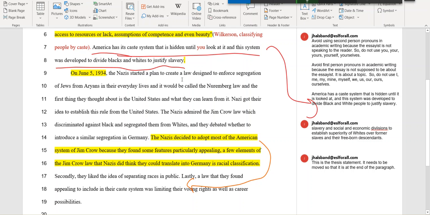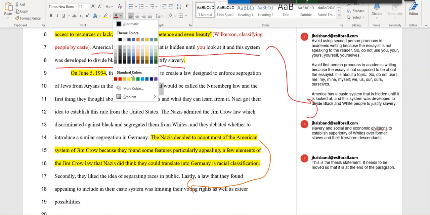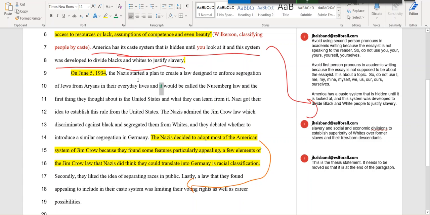about the Nazi plan. On June 5th, 1934, the Nazis started a plan to create a law designed to enforce segregation of Jews from Aryans in their everyday lives. And I'm just going to change this to this, because this is just an editing thing. And this would be called the Nuremberg Laws.